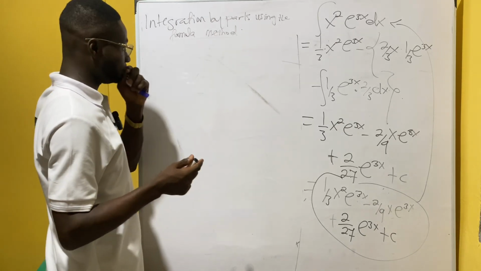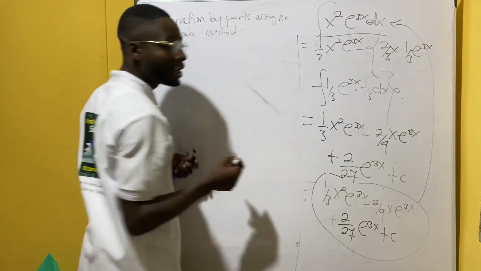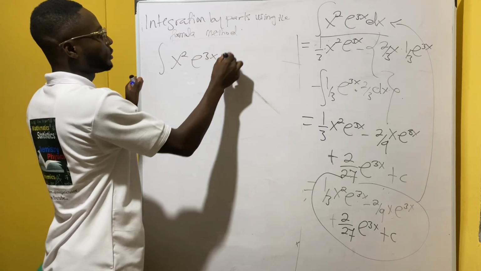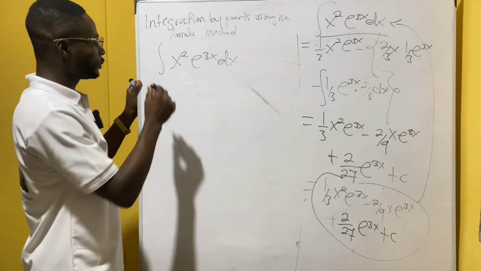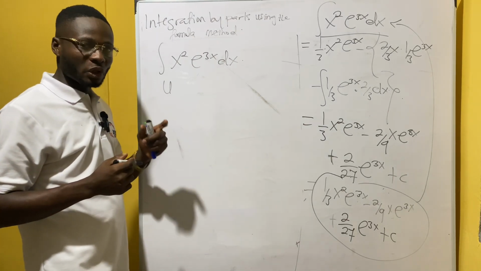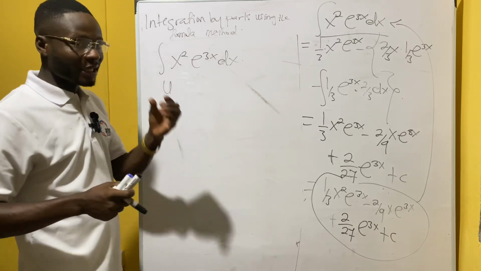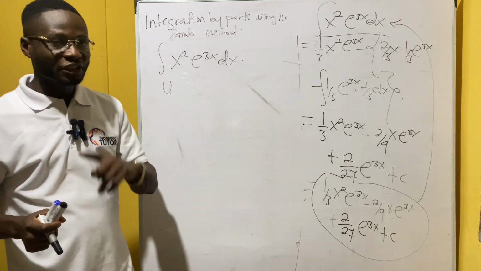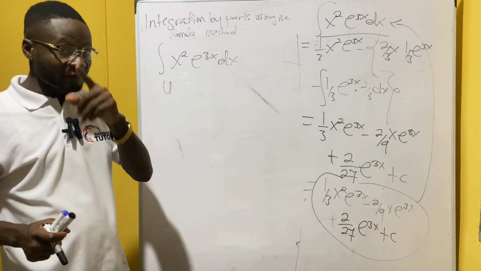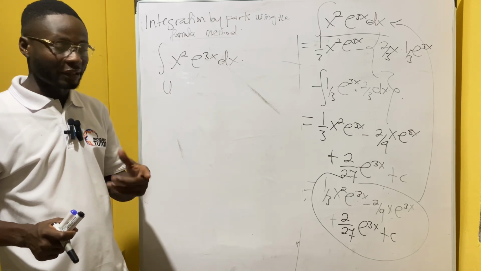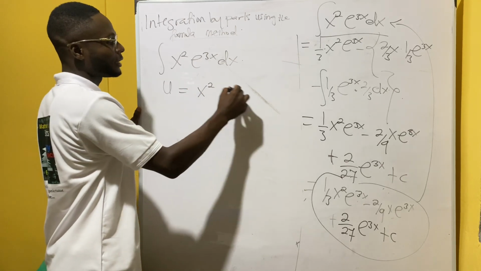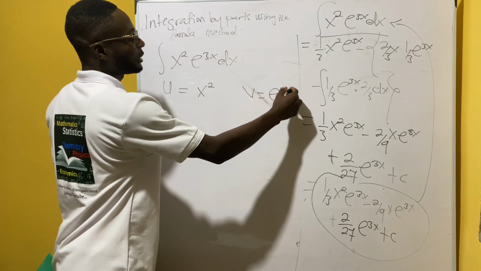For the tabular approach, the skill you have to learn is that you select your u to be the function that you can differentiate to a constant, and then you select the rest to be the dv. That is the one that you'll be integrating. So our u right here will be x squared and the dv will be e power 3x.